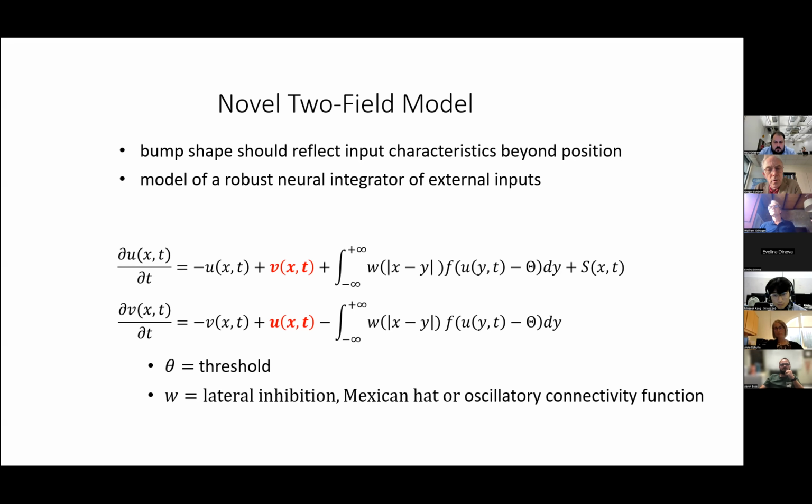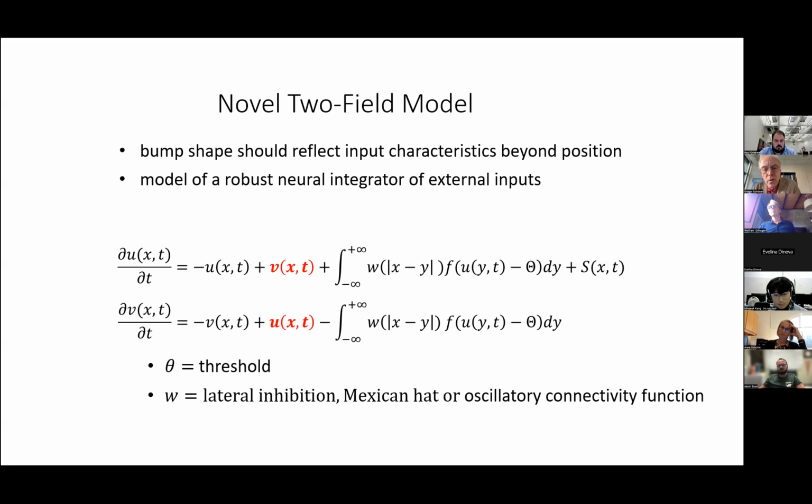But in the two-layer Amari model, are these two different fields, or is V an inhibitory field? Actually, it's a bit more complicated, because if you think about Amari, you already have two populations, excitatory and inhibitory. So if you would draw the architecture, it would be a four-population model. Four populations? Yes. Okay. So V is an excitatory population as well.